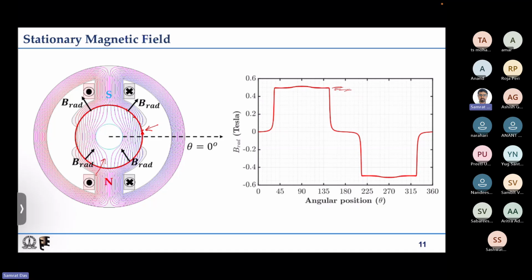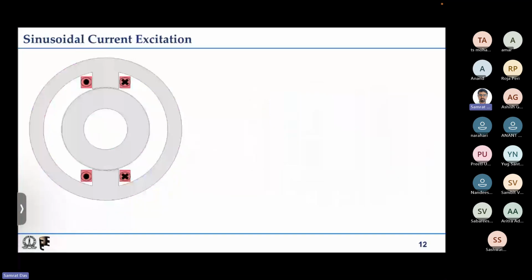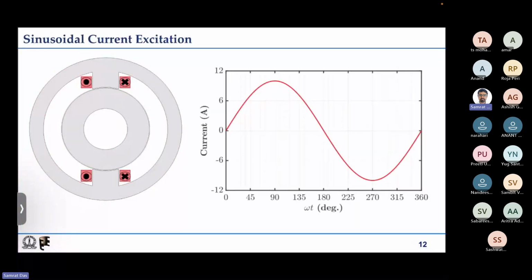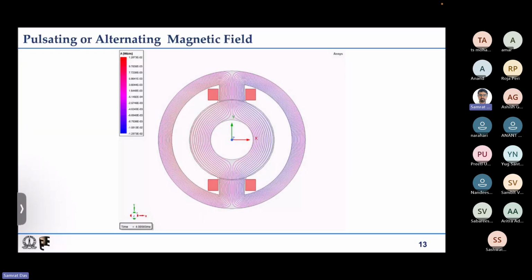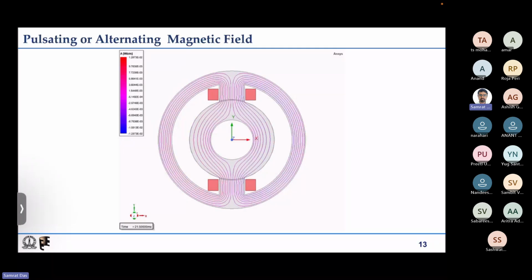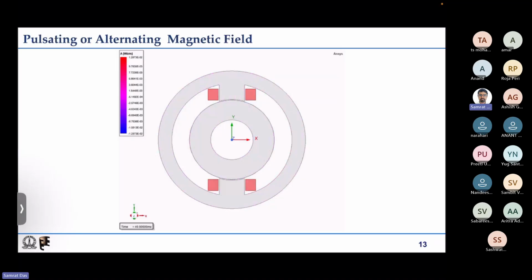Now we try to understand what happens if we inject some sinusoidal current. With the same structure, we inject a sinusoidal current, and we looked at the animation that shows the field: sometimes it is zero, sometimes it increases, then it reverses, flips its sign, and it goes on like that.